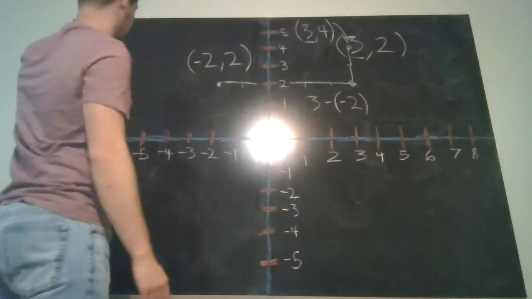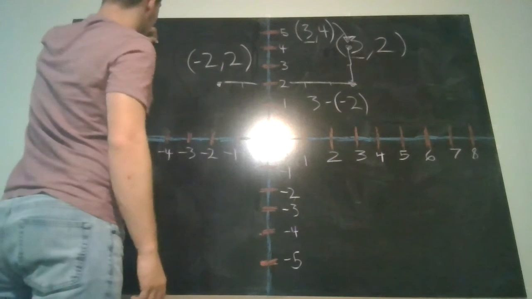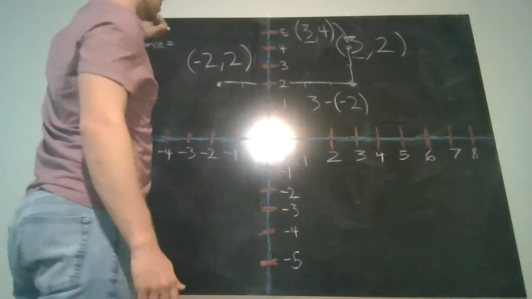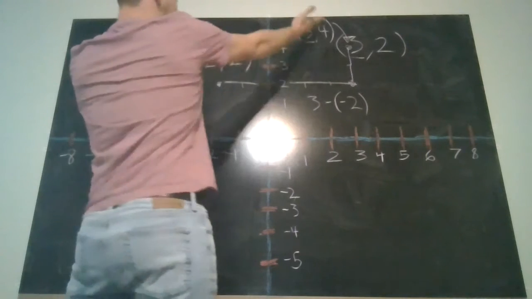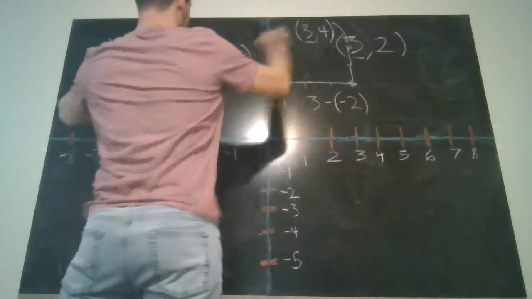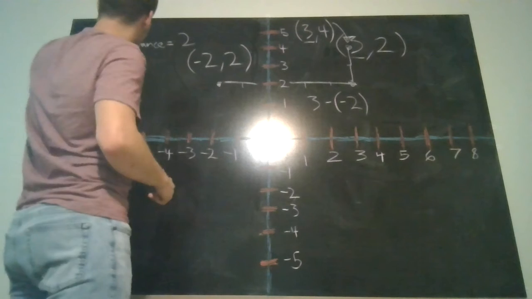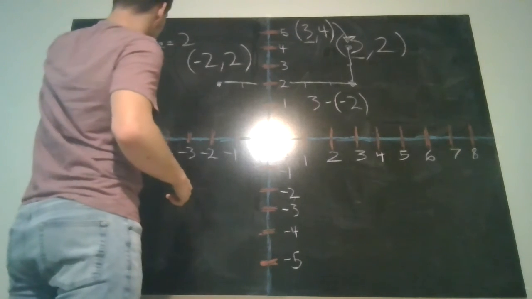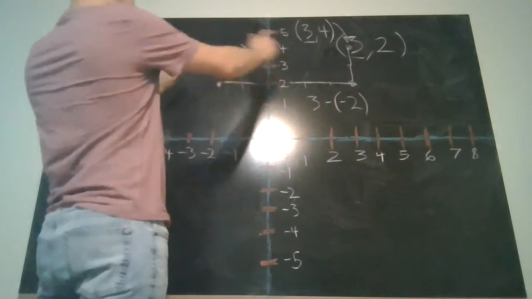vertical distance, so I'm going to call that V distance, equals the difference in the y-coordinate, which is 2 because it's 4 minus 2. Horizontal distance, which of course I'm going to call H distance, equals 5.